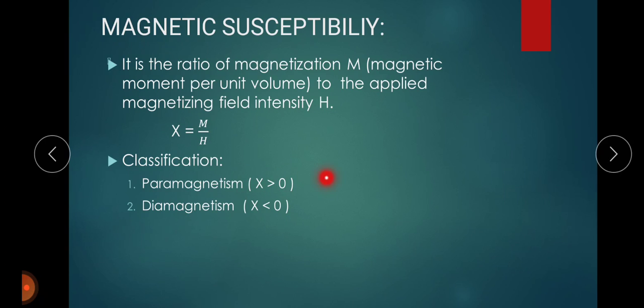If the magnetic susceptibility Xi is greater than 0, it is called paramagnetism. However, if the magnetic susceptibility value Xi is less than 0, it is known as diamagnetism.